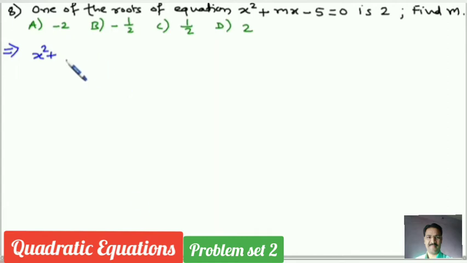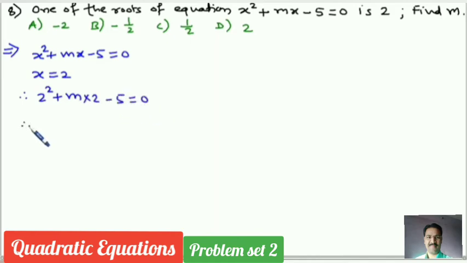Straight away we will put here 2 square plus m into 2 minus 5 equal to 0.